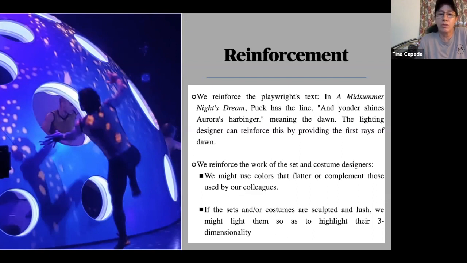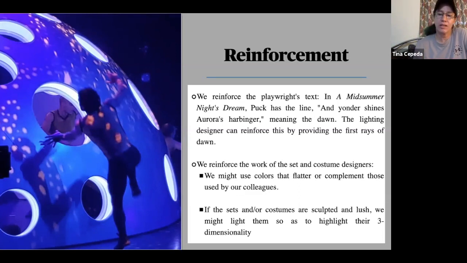We can also reinforce a set, which is what we did here with this show. We use gobos in 50-degree lekos and focus them on the actual moon there to create the crater effect that the dancers jumped in and out of, doing their little acrobatic things inside with that moon. And Rebecca dropped that on her foot, and it wasn't light.